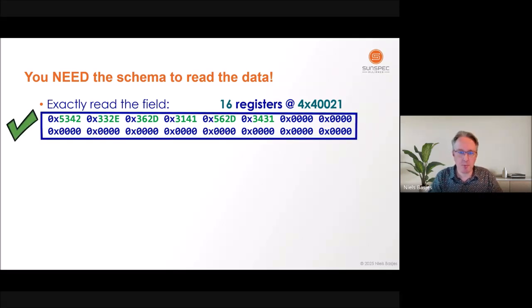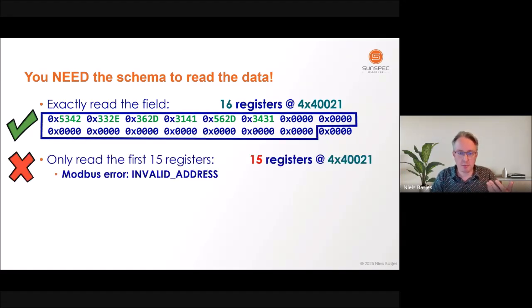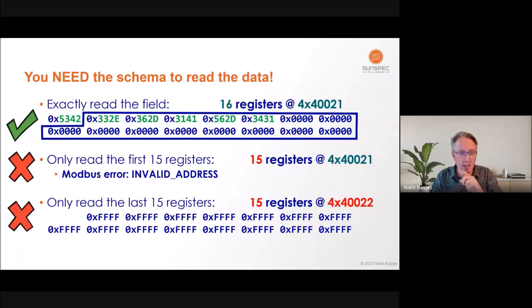I get the right value. However, if I make a mistake in my software and I am off by 1, I get an error. If I'm off by 1 the other direction, I get nonsense data. And this is really important: you really need the schema in order to be able to read the registers, because you will get problems if you do not align perfectly with what the device is actually providing.